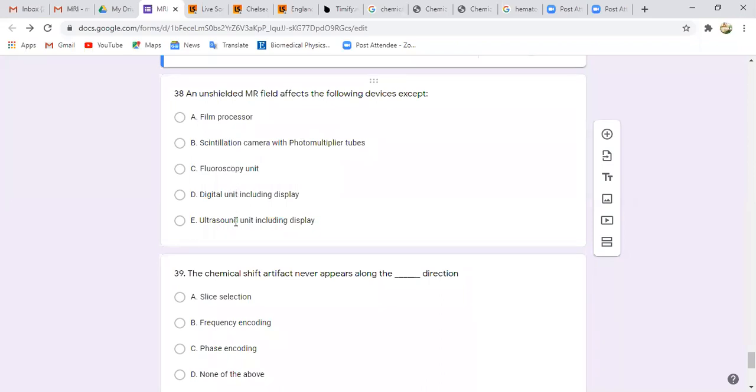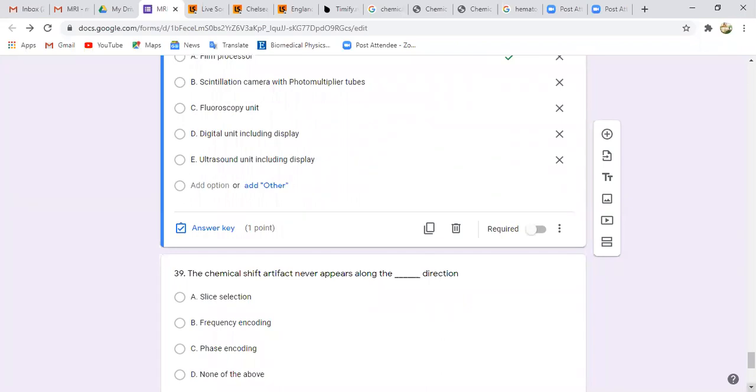This one can still be manageable, but this has a very serious effect on nuclear medicine PMTs. So it is A. That has nothing to do with this; it will have little or no effect on it.